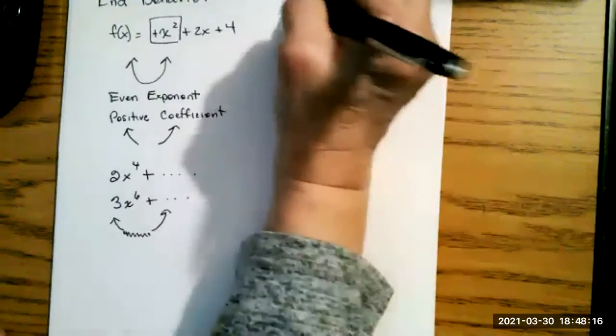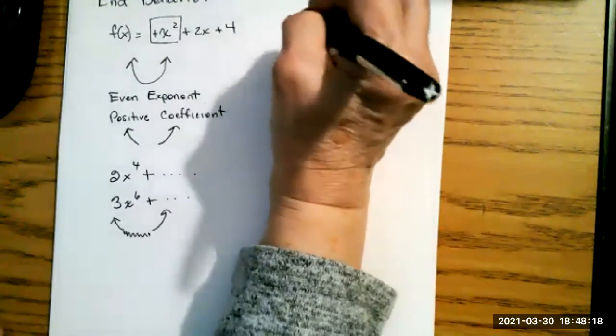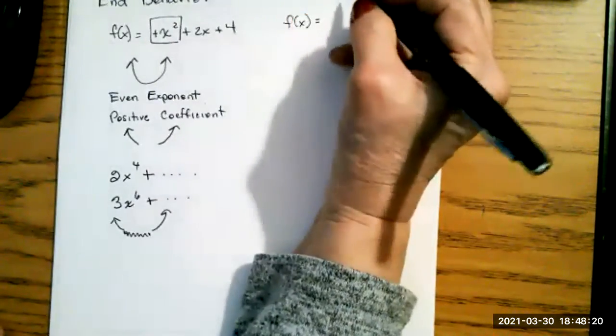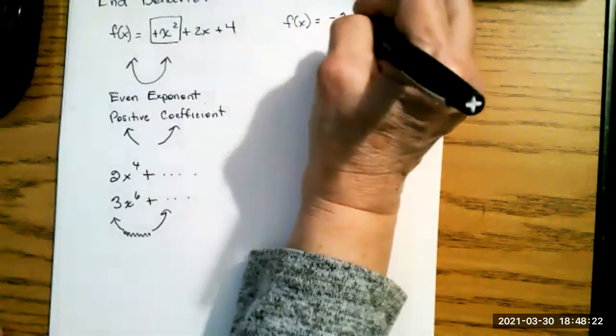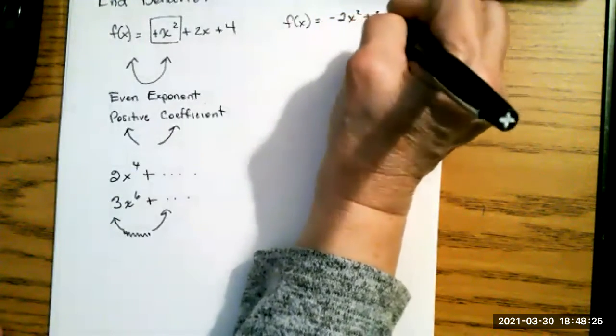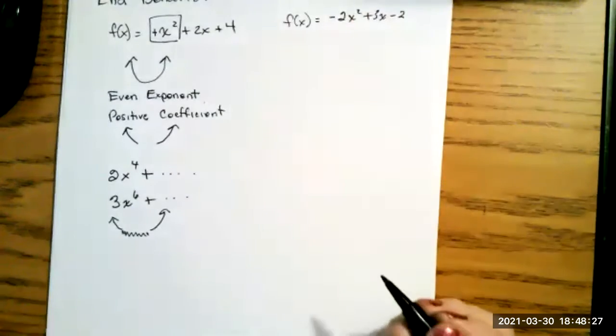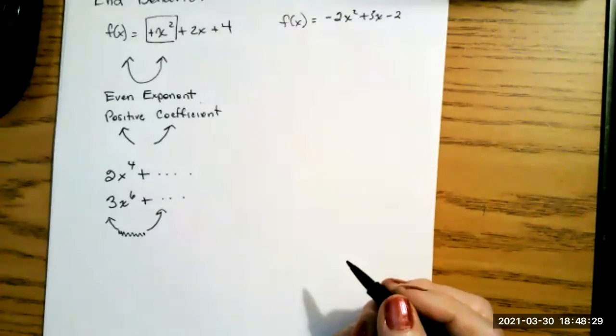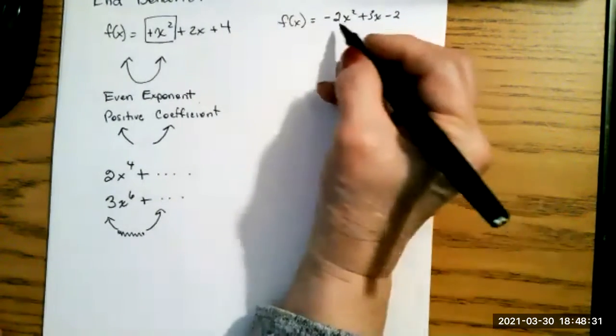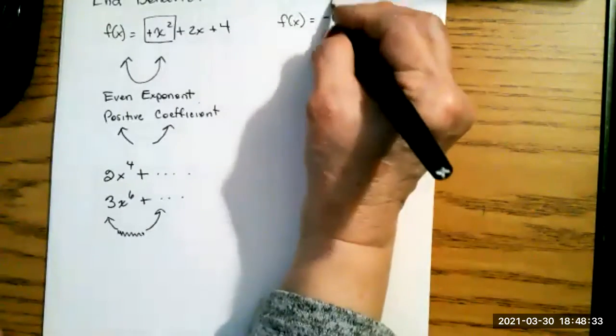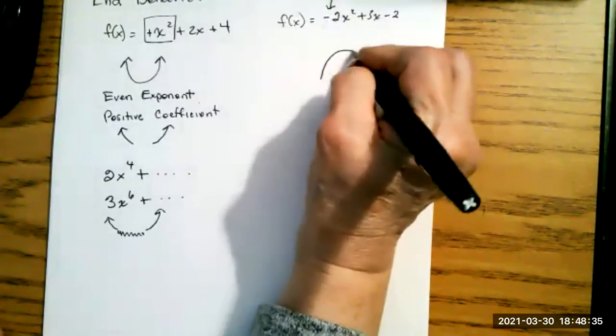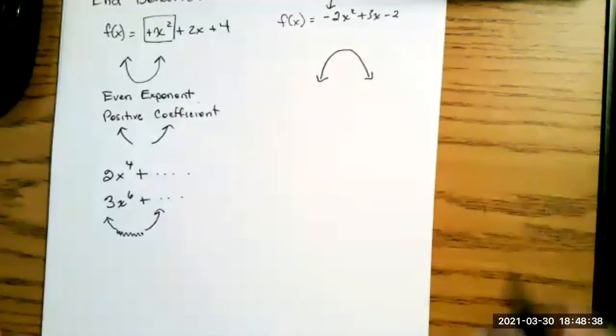All right, now you know this one because we've done it before. If you have f of x equals negative 2x squared plus 3x minus 2, you know what that thing's going to do. It's a parabola, and because it's negative, it's going to frown. We know what that looks like.